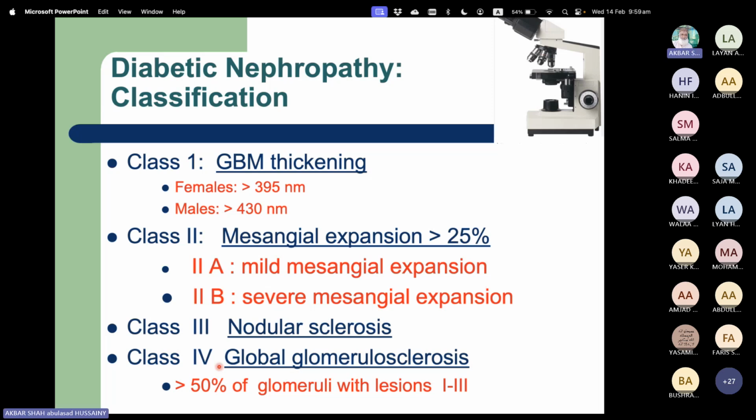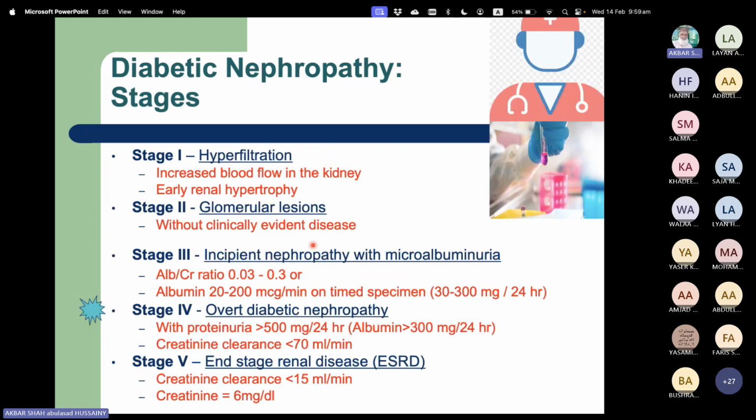They have made it a classification. Just like the tumors, we do the grading and staging of the tumors, cancers. So similar is here. So this is a classification on the basis of microscopy. And staging is on the basis of clinical features and radiology and other tests. It's just like the tumor.